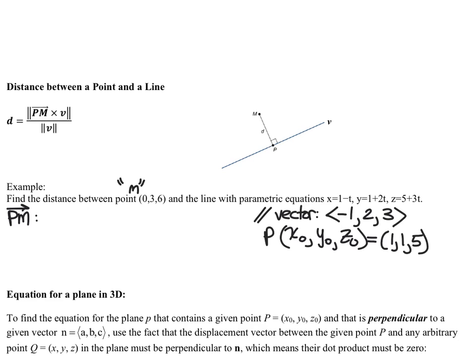We're pinning it at P. We're looking at 0 minus 1, 3 minus 1, 6 minus 5, which gives me negative 1, 2, 1. So that's my P to M. We need to cross that with V and then divide by the vector magnitude.